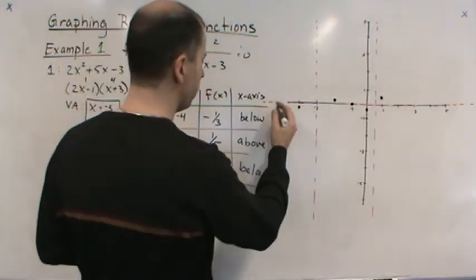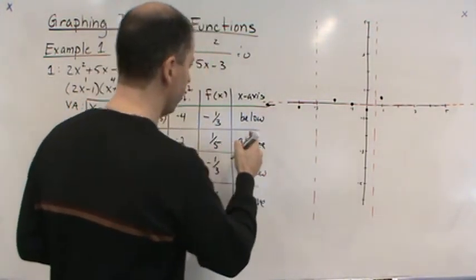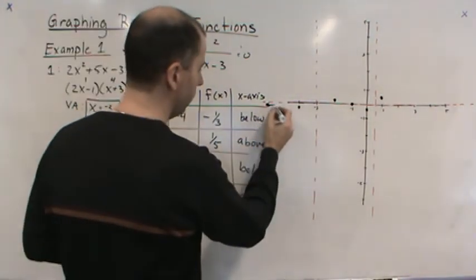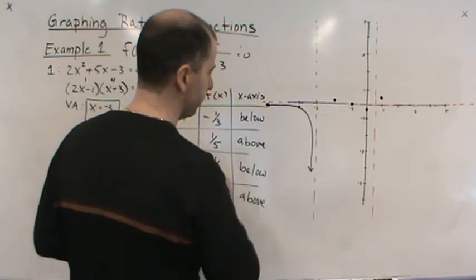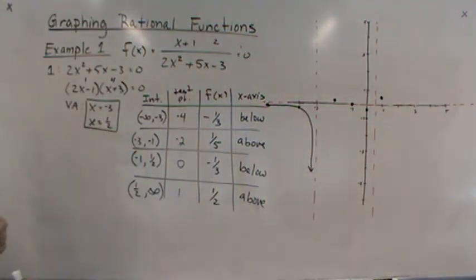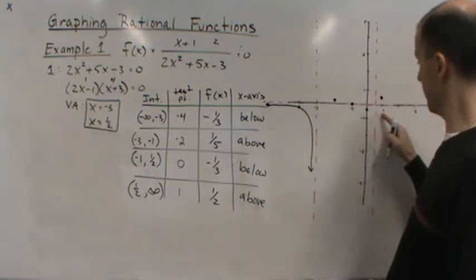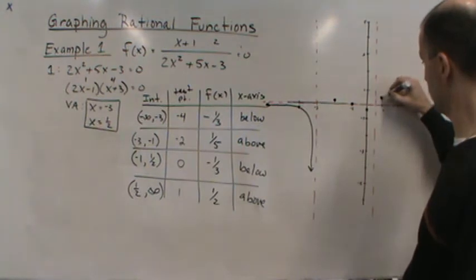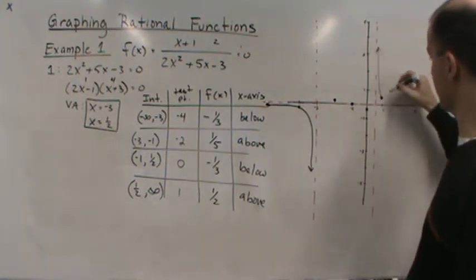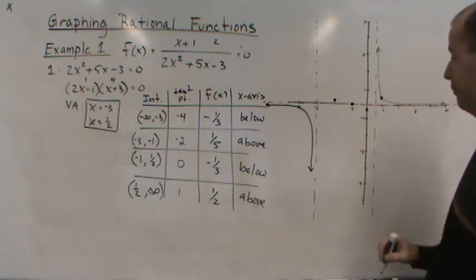So this will go from here, we know it's going to go to 0, so this is going to go like this. And then over here, as we get closer to a half, same thing's happening. This is going to go off to positive infinity, and this is going to go closer and closer to 0.